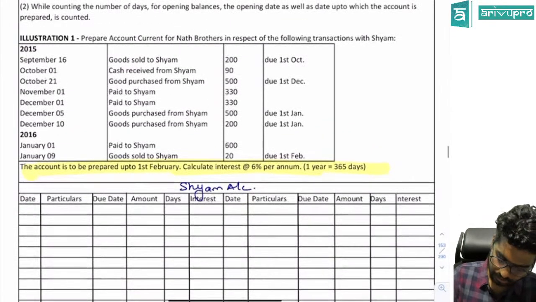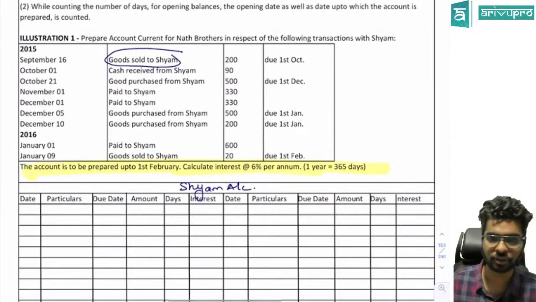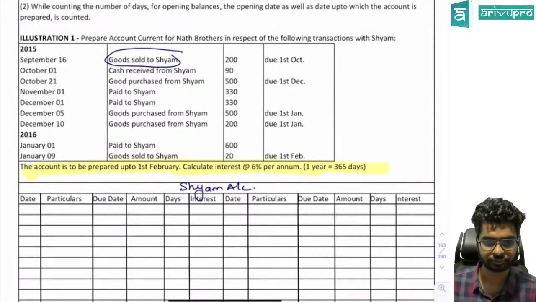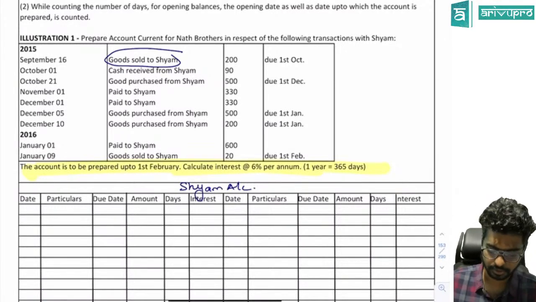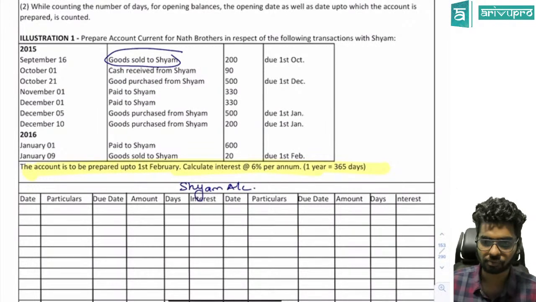Okay, goods sold to Sham, what is the journal entry? And this is Sham's ledger account. How do you write it?